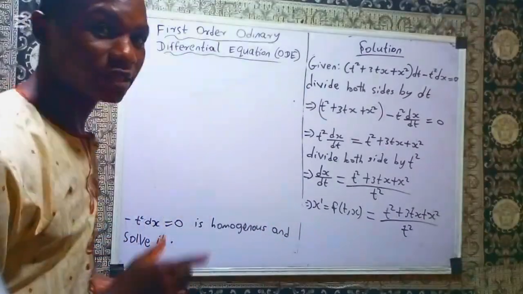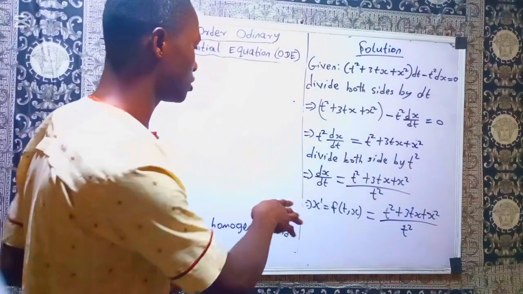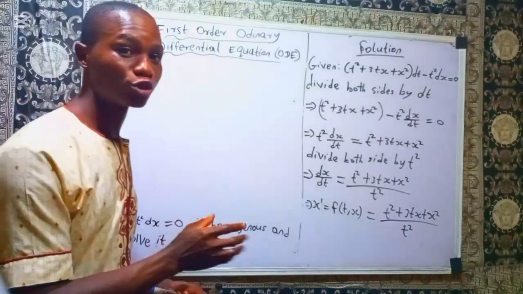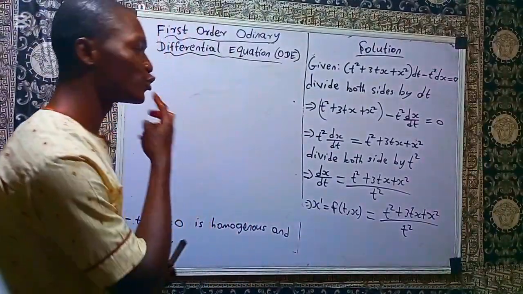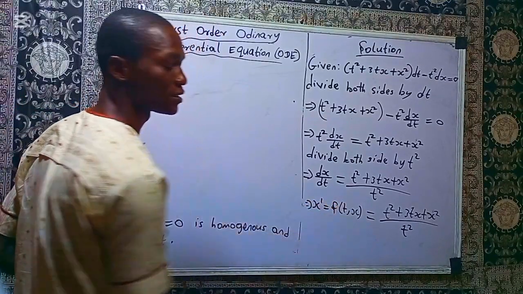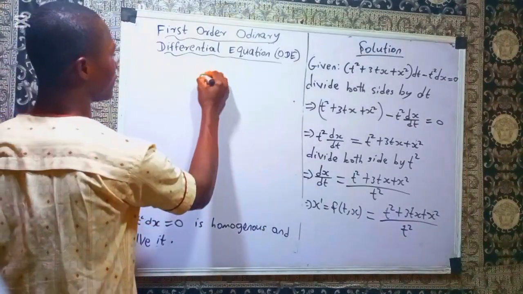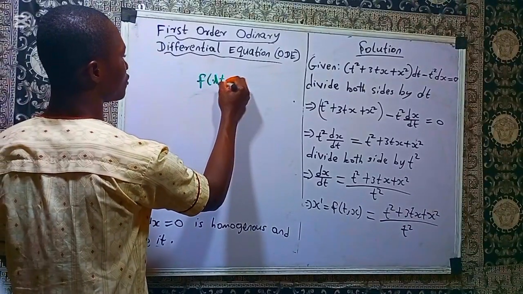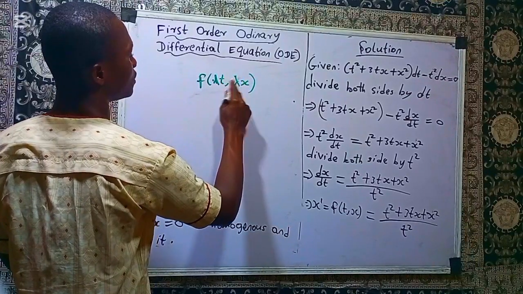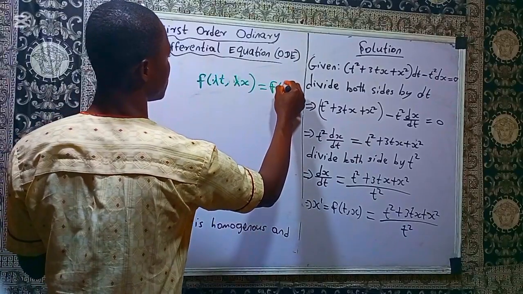So I have created space, but we know what we are going to check if you want to show that this is homogeneous. Because in our question they say that we should show that it's homogeneous and solve it. So this is my f of t comma x. From my previous explanation, I told you that it is homogeneous if f at lambda t comma lambda x is equal to f at t comma x.